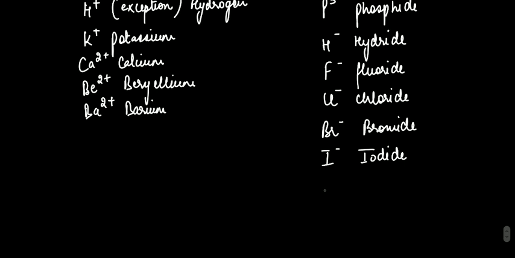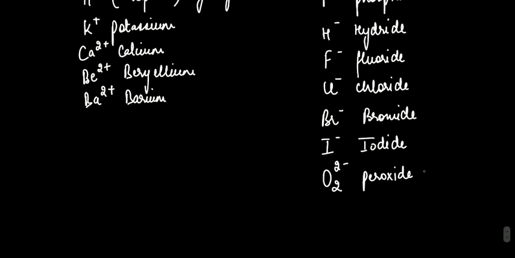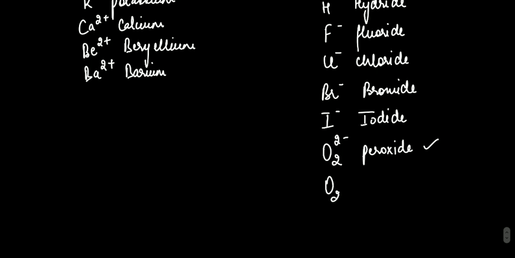Then I'm adding some more over here, O2 with the collective 2 minus charge. This is called peroxide. This is a different kind of bonding, specifically covalent. So two atoms of oxygen are going to form a covalent bond, and they will collectively have a charge of minus 2, so minus 1 on each individual oxygen. Then we have O2 minus.